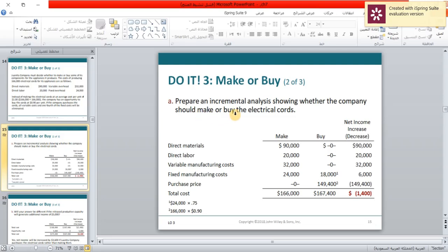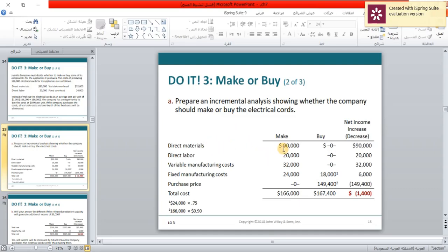Make or buy. Make is alternative A, the current situation. Alternative B, buy the product. Here is the incremental analysis. What are the effects on net income, increase or decrease?